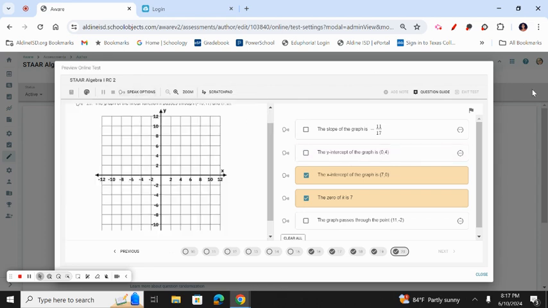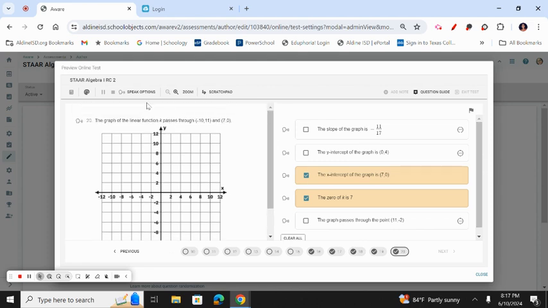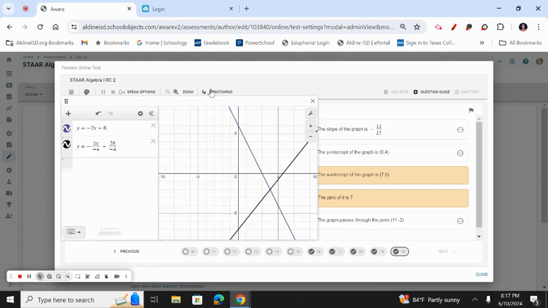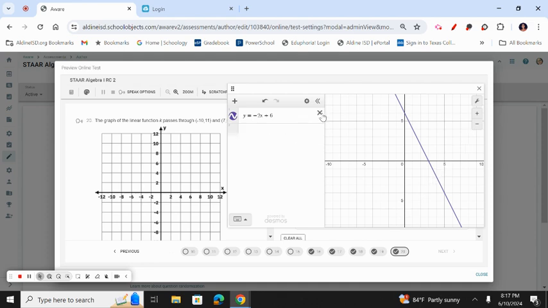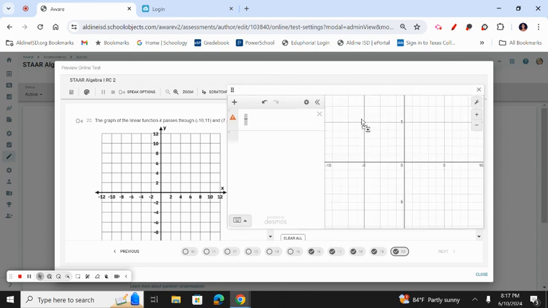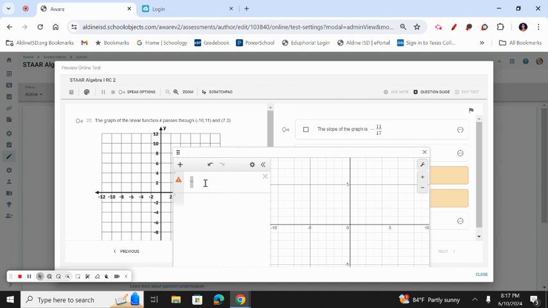Let's see. Let's see. -11 -0, -10 -7. It is -11 over 17.